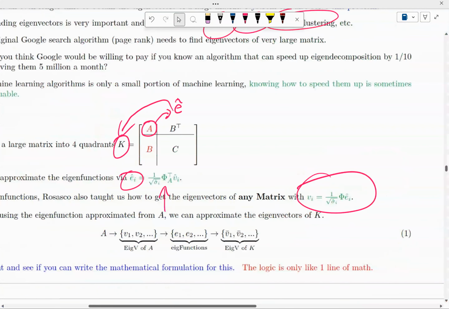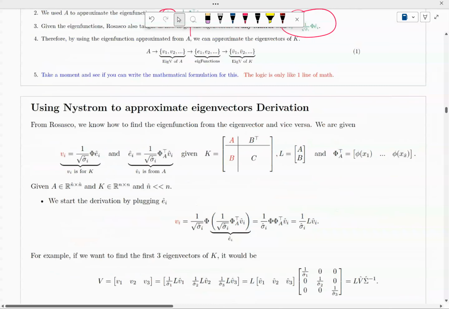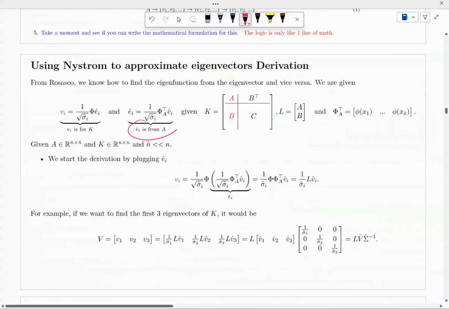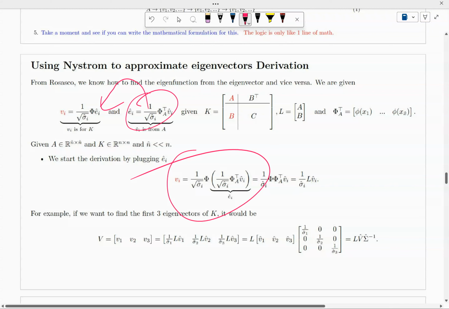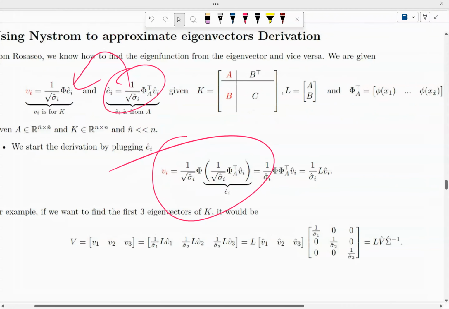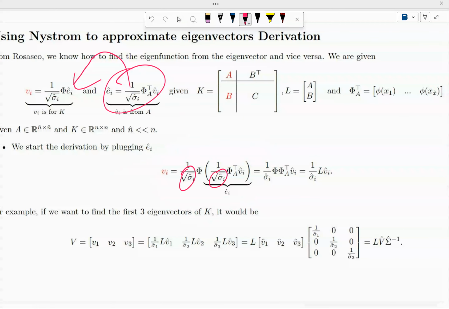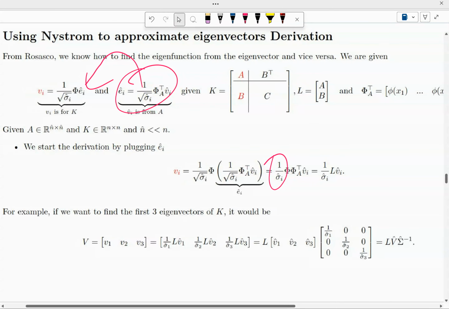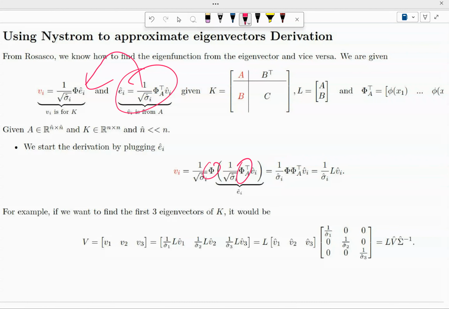All we have to do now is combine the algorithm. So you approximate the eigenfunctions using A, and then you plug it in. Plugging this in here, we get this. The square root of sigma, the eigenvalues of A, are constants, so you can multiply them together. So it's one over sigma, and then phi and phi A multiply together.